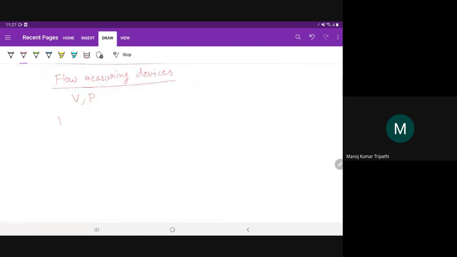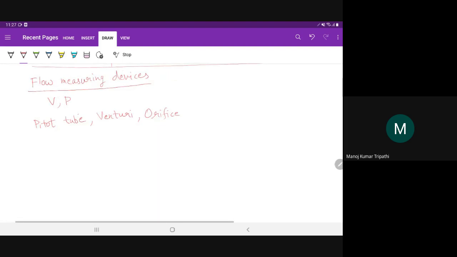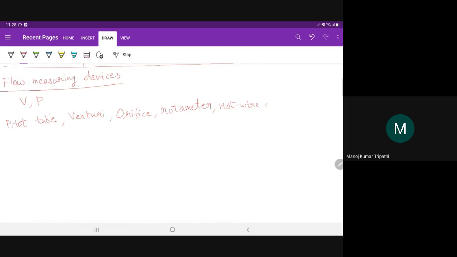So these are pitot tubes, or just pitot, venturi meters or venturi tubes, orifice plate or orifice meter, rotameter, or hot wire anemometer.